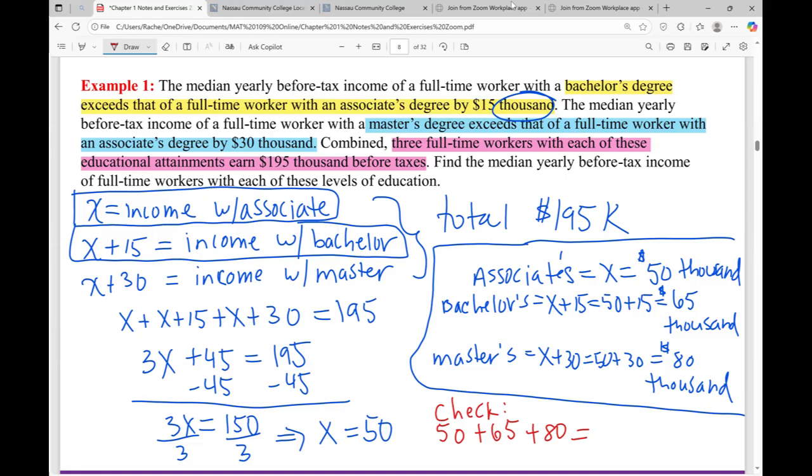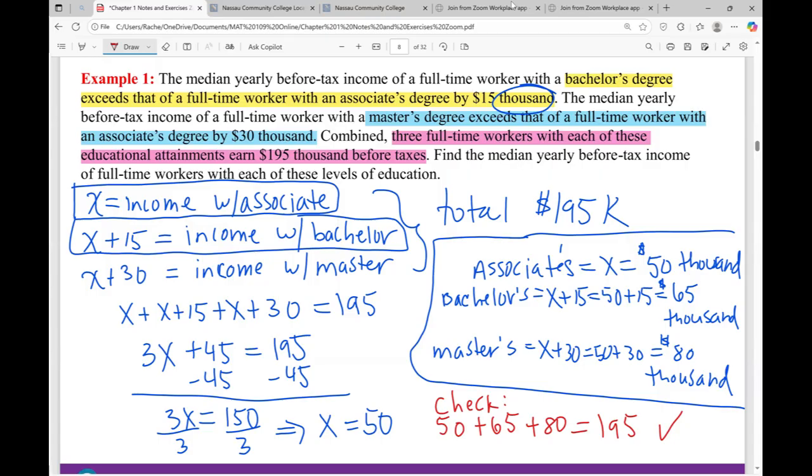And that does add up to 195, right? And we're in thousands. So always check your answers for reasonableness and make sure that they make sense in the context of the word problem. So let's look at the next example.